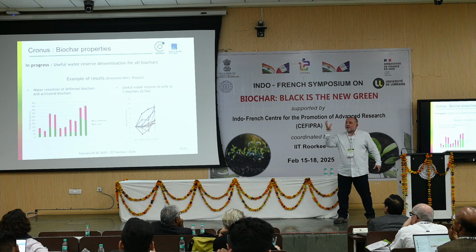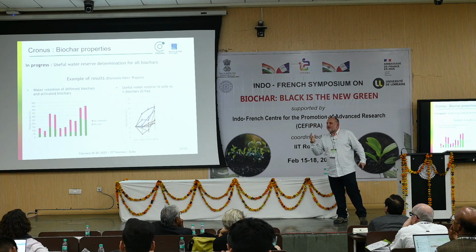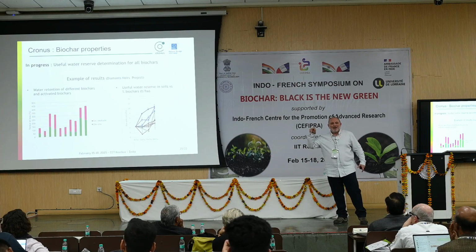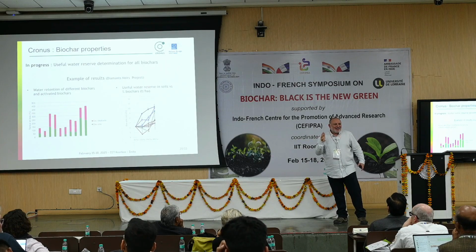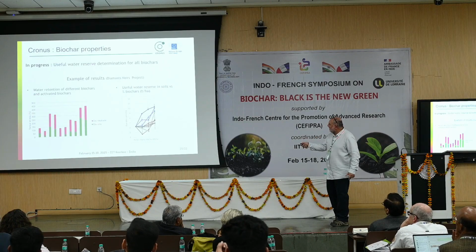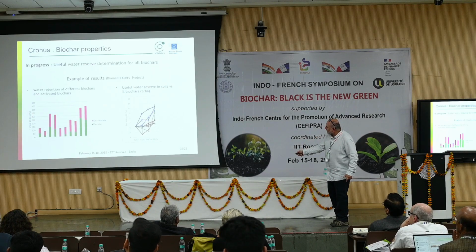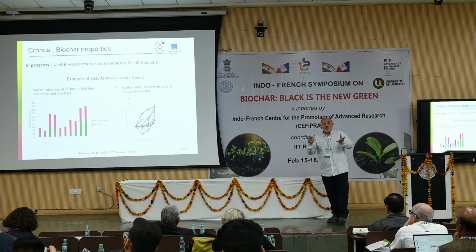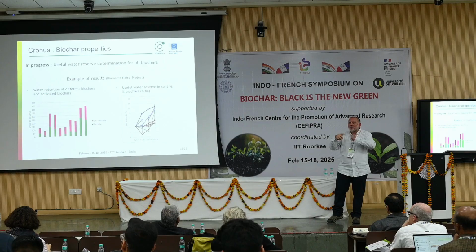Why? Because water retention is nice for agronomy, but only if it's usable water, otherwise the plant cannot use it. And here, in another project, we have some results where you can see the total water retention, but only the green part is a useful water reserve for plants, and the other part is not.